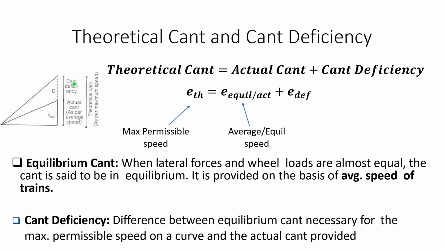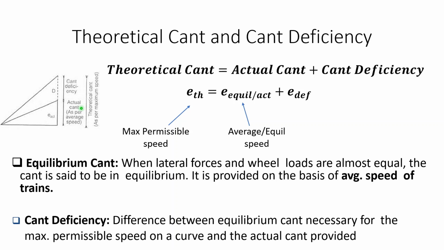which becomes the Kant deficiency. Here, this is how much the outer rail is raised with respect to the inner rail. The required one will be as per the speed with which the trains are running. So that will be equal to the theoretical Kant. But in certain situations we cannot provide this theoretical Kant. We are forced to provide some limiting value, and the actual Kant is the one which we have introduced in the field.